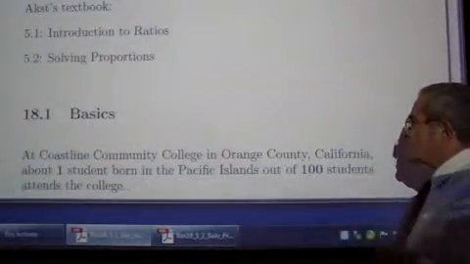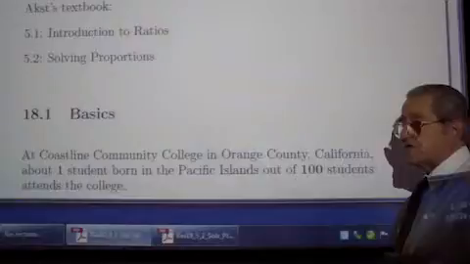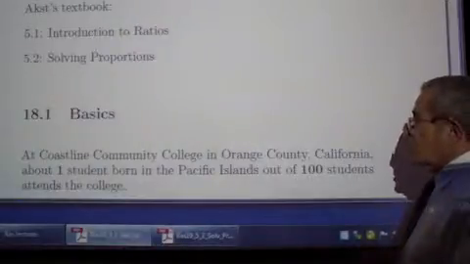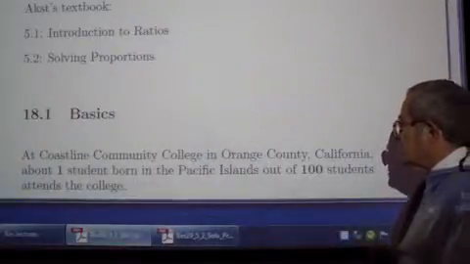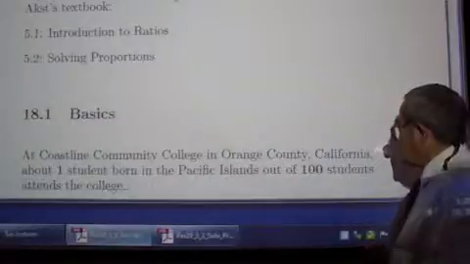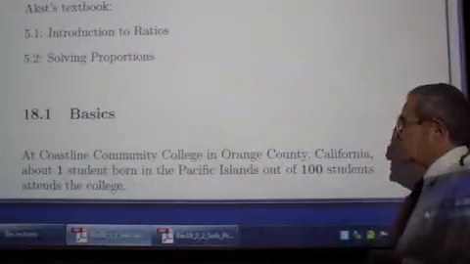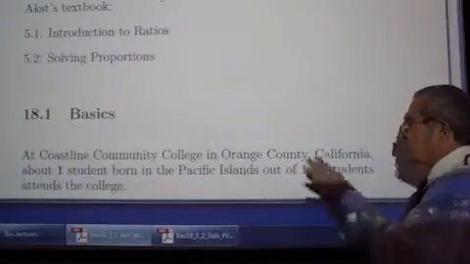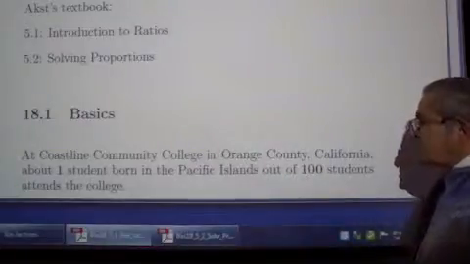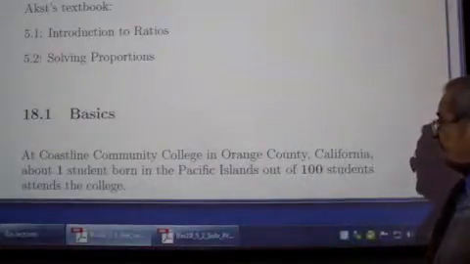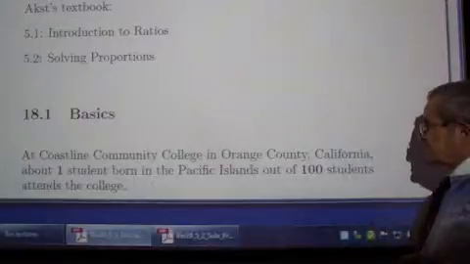At Coastline Community College in Orange County, California, about one student born in the Pacific Islands is out of 100 students. So out of 100 students, one of those will be born in the Pacific Islands. That comes from the census.